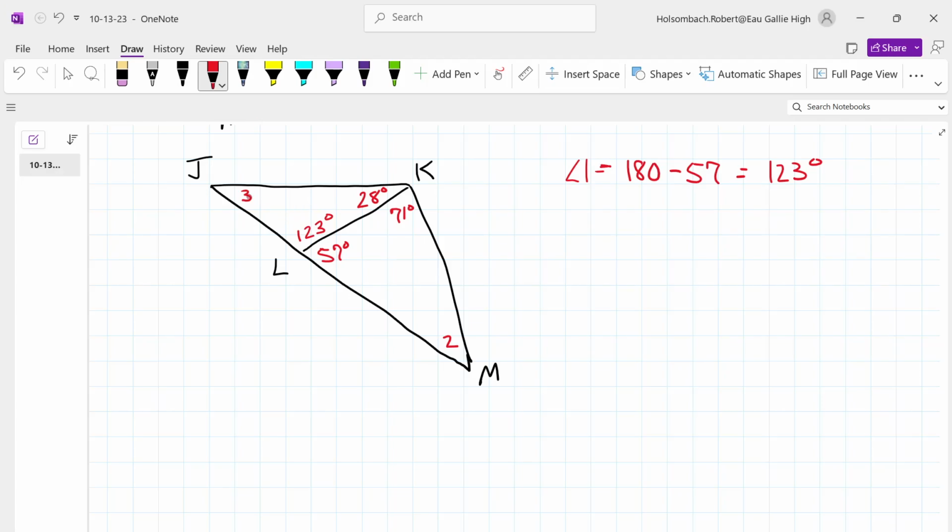Angle 3 is the third angle in this top smaller triangle. So angle 3 is equal to 180 minus 28 minus the 123. So 180 minus 28 minus 123 is 29 degrees.